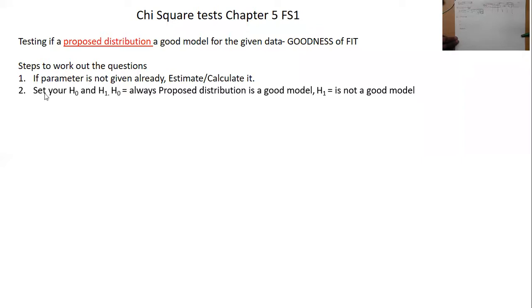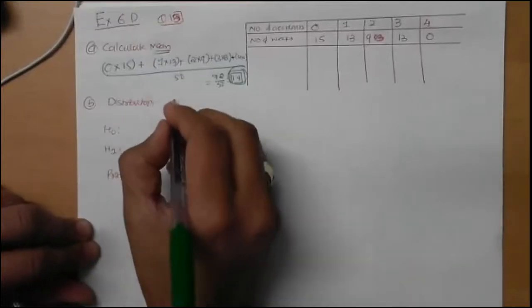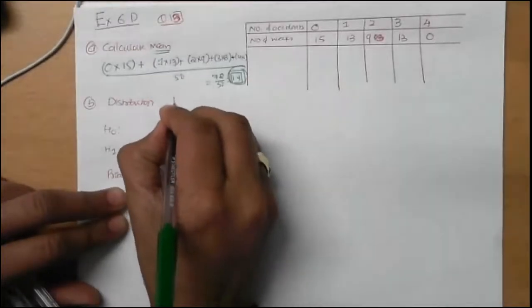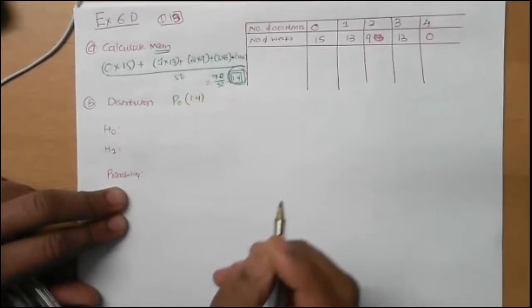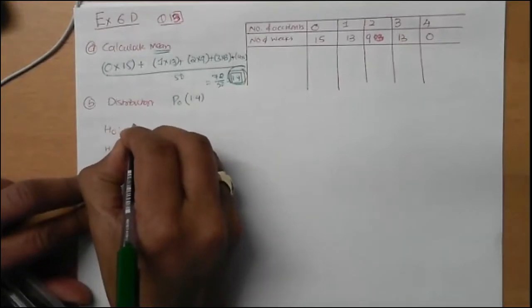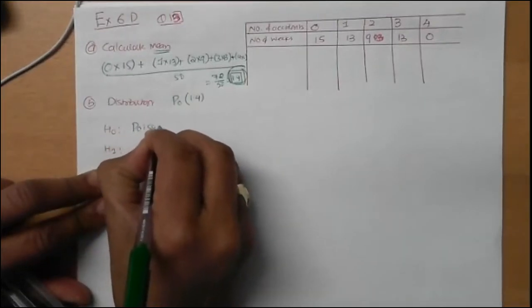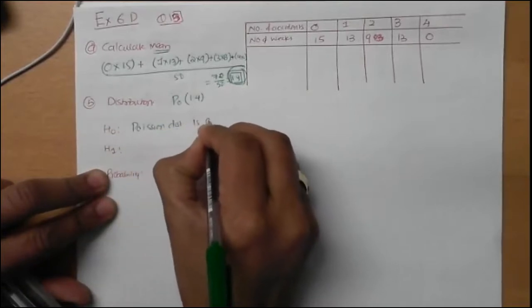Right, so the second step is to set your H0 and H1. H0 is always that the proposed distribution is a good model. H1 is that the proposed distribution is not a good model. So the distribution we propose here is a Poisson distribution with 1.4 as its mean. H0 is that the Poisson distribution, Po(1.4), is a good model.